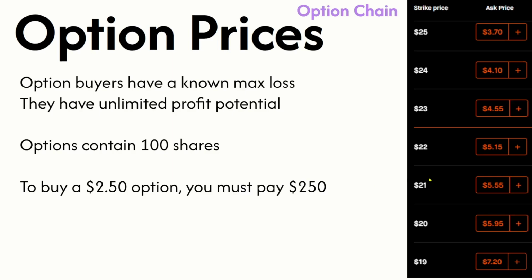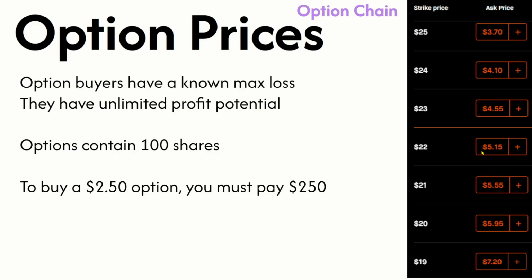So let's look at a real example. A new vocabulary word is the option chain. The chain is where you actually see all the different strike prices and the prices for those strikes. So you'll see, let's say, this $22 strike price. Here, the price for that is $5.15.